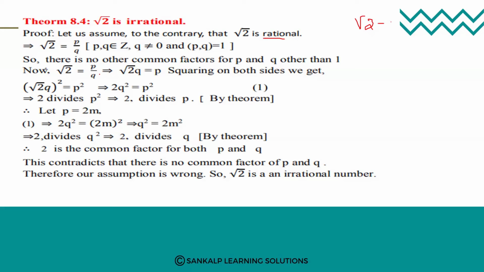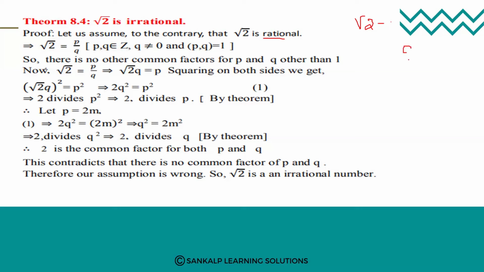Yes, rational. We know what rational numbers are. The numbers which can be expressed in the form of P by Q, those numbers we call rational numbers. Therefore, we are assuming here root 2 is a rational number. Root 2 is equal to P by Q, where P and Q belong to integers and Q is not equal to 0. If Q becomes 0, then what happens?